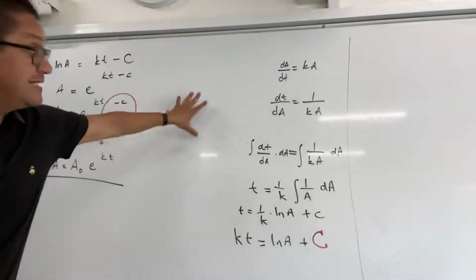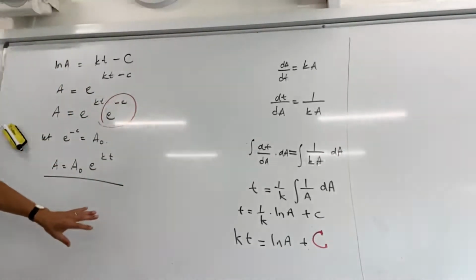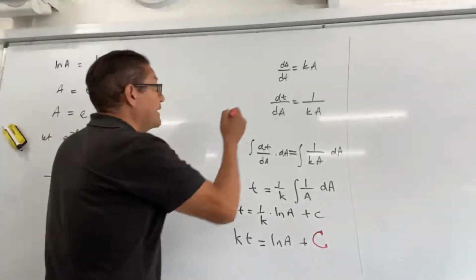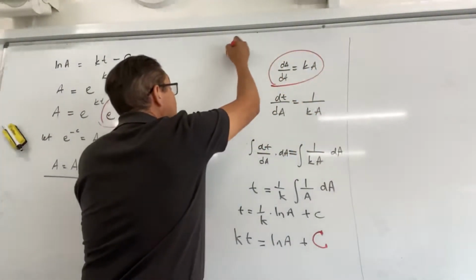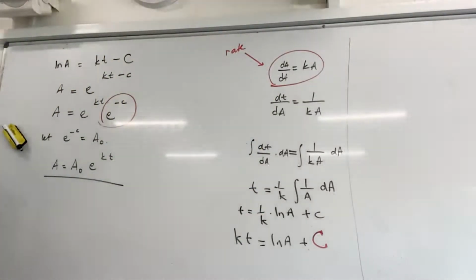So you have to do this integration part. The rate is always the derivative. And if I integrate the rate, I get my original equation for whatever we're measuring, in this case A.